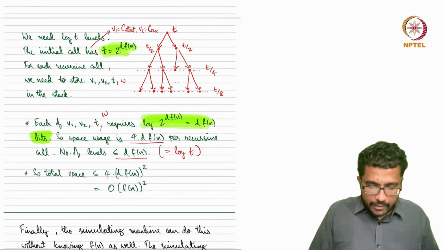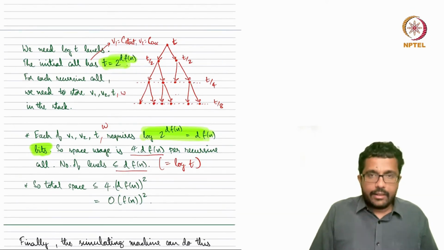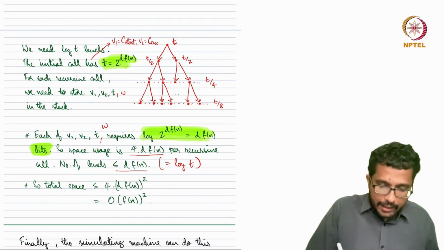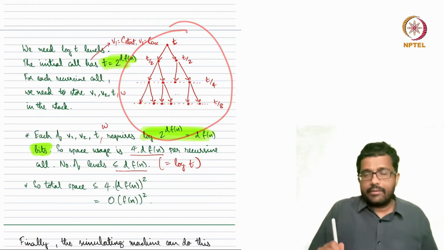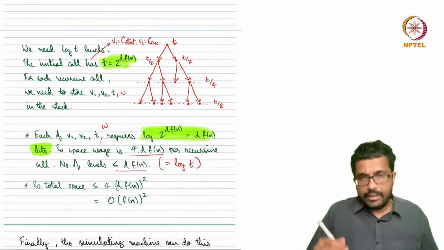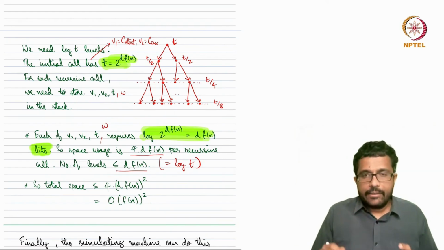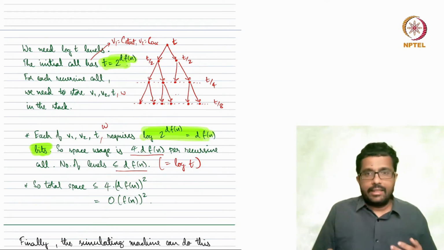The space usage is that at each level we need to store v1, v2, and t. That requires d f(n) space for each of these. So it's O(d f(n)). And the number of levels is the height of this tree, which is also d f(n), like log t. So it's d f(n) multiplied by d f(n) multiplied by some constant. So it's order d f(n) whole squared, and d is a constant.